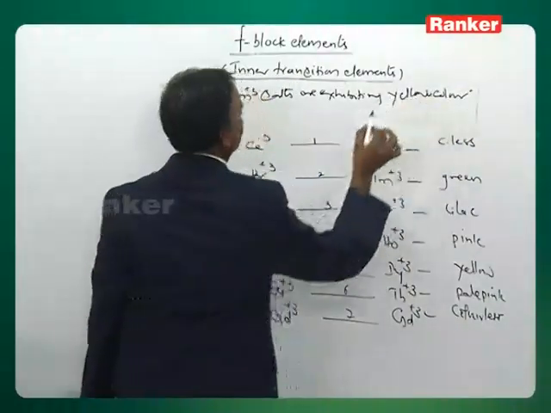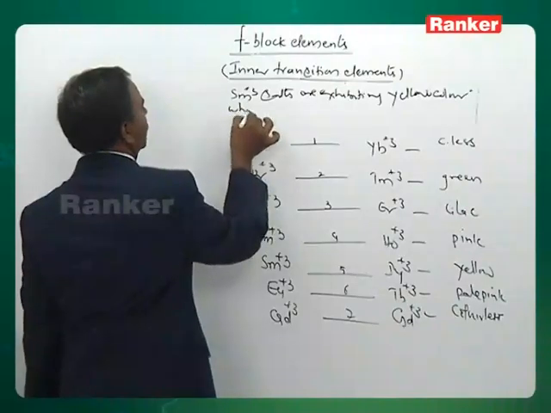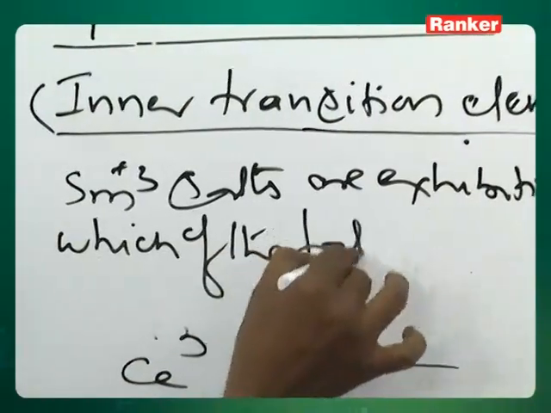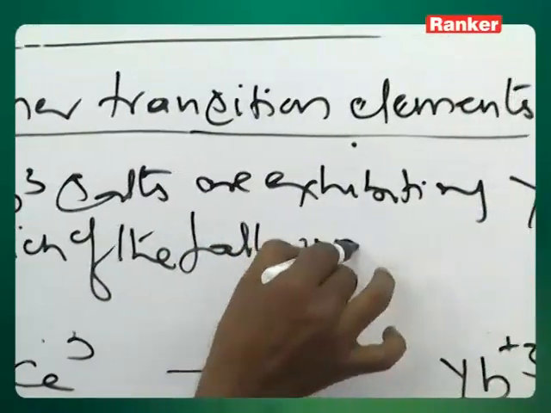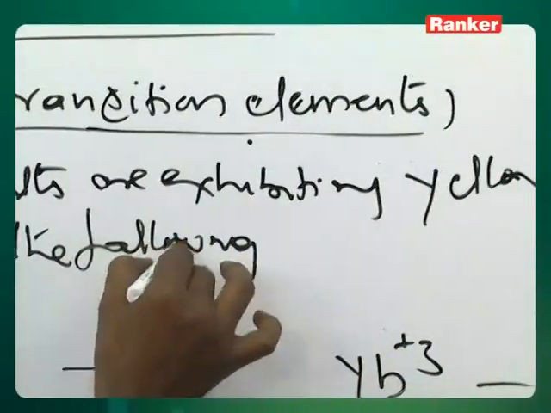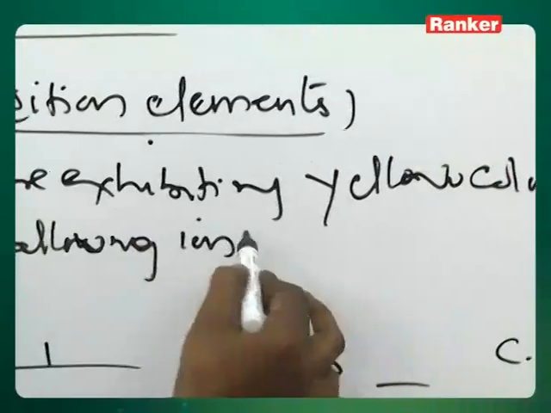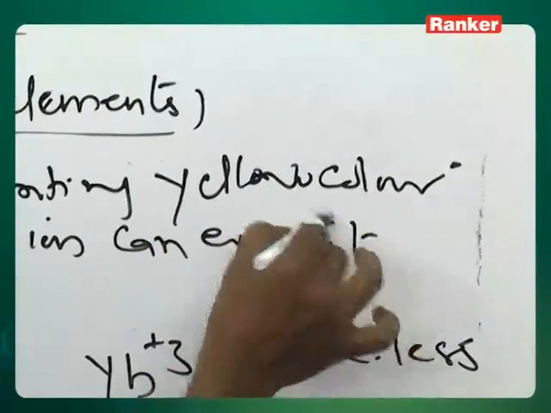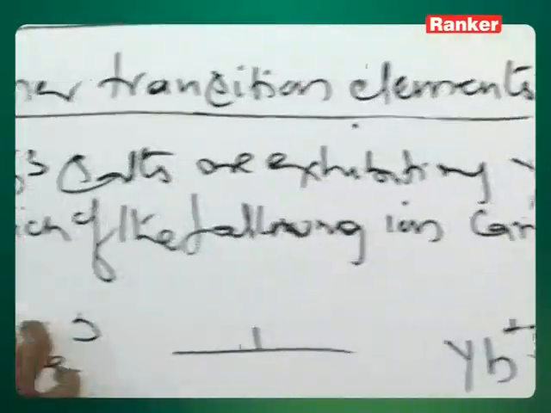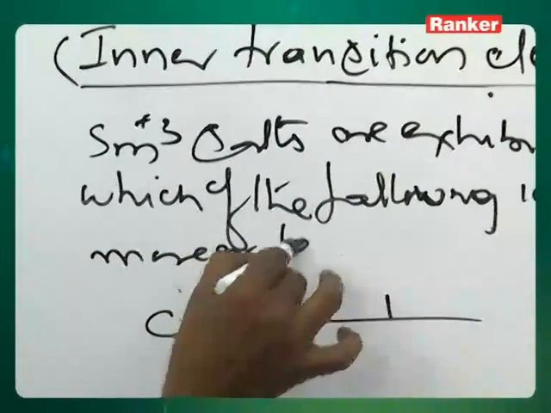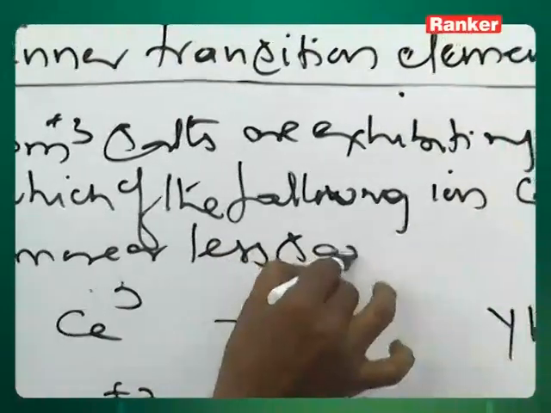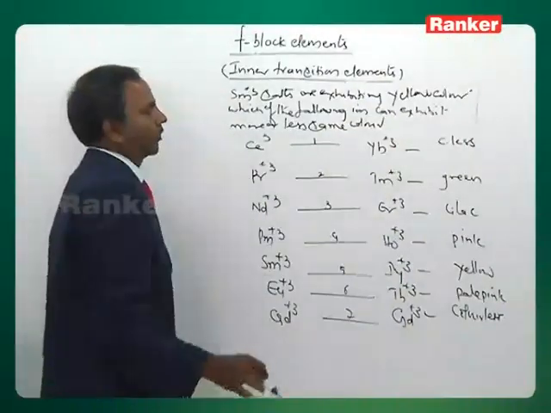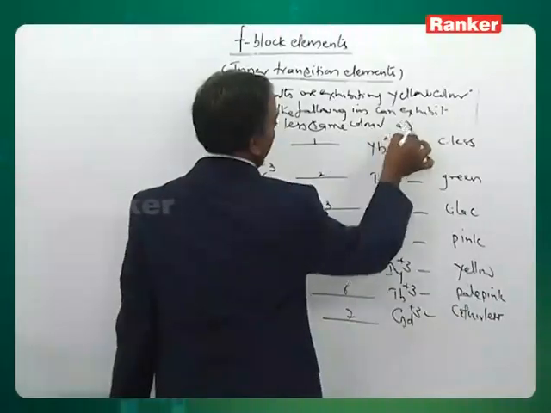Which of the following ion can exhibit more or less the same color? The question appears like this. The multiple choice they will give like this.